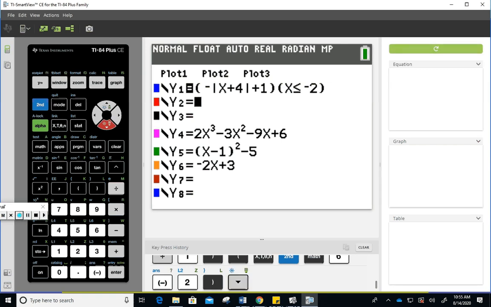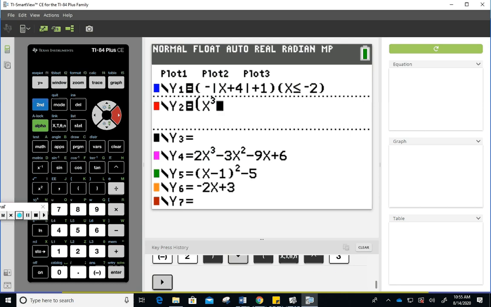Now in the middle, I need to say y equals x cubed minus x, so x to the third minus x, close parentheses. Now, here's what you need to know on this. You can write in -2 is less than x is less than 2, but your calculator won't read it. So change it to two separate inequalities. So one of them is going to be that x is greater than -2.